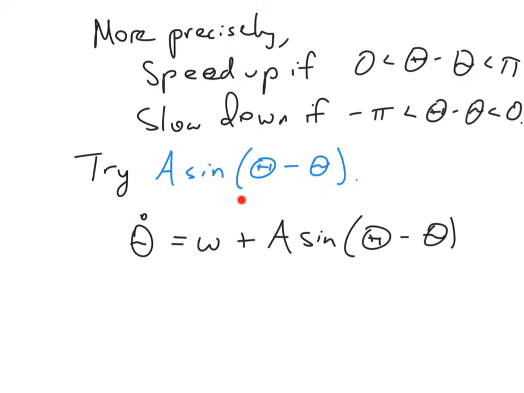This function is positive on 0 to pi, it's negative on negative pi to 0, and it's continuous. And so our very simple model of this oscillator that's being influenced by a reference is going to be that theta dot is equal to its natural frequency plus A times the sine of this phase difference.